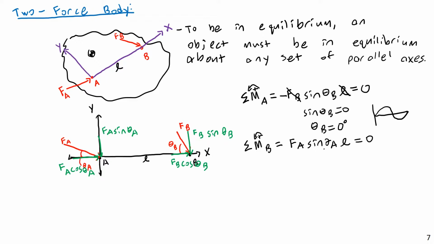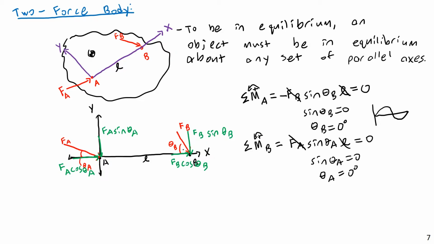And again, if we're rejecting trivial solutions of either the moment arm being equal to 0 or the force being equal to 0, we're left with sine theta A being equal to 0. Sine theta A must equal 0. And if we solve that trigonometry, we know that theta A must equal 0 degrees. So right now, we know that both Fa and Fb are right along the axis.